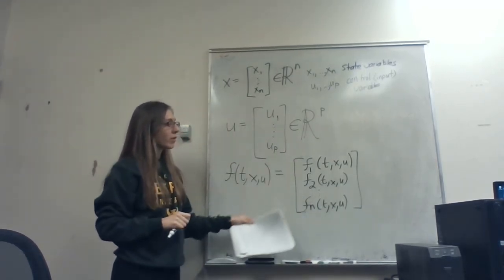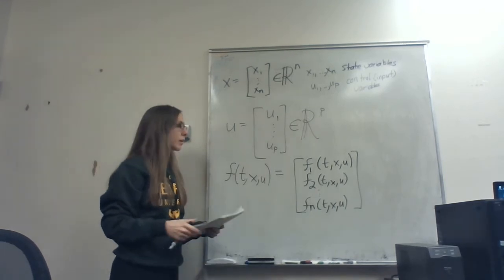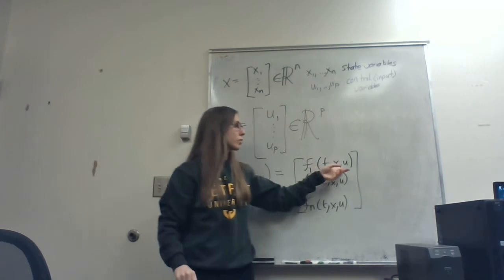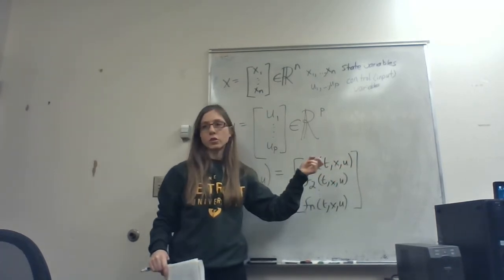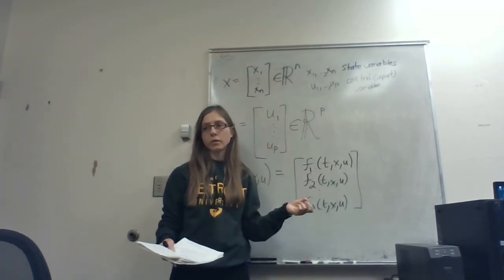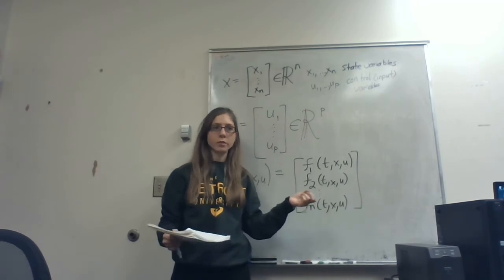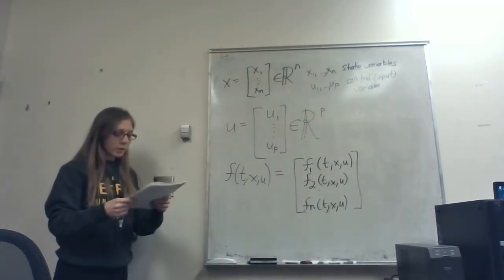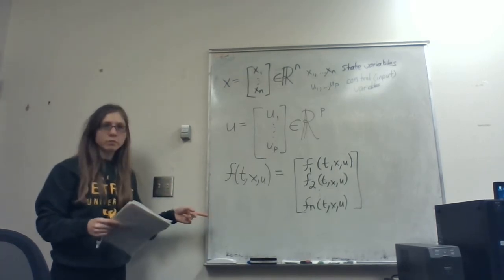It doesn't have to be a function of every single one of them. For example, this could just be x1 squared plus x2 squared. We can still use this notation in general because you could imagine that as being 0 times t plus x1 squared plus x2 squared plus 0 times u1 plus 0 times u2. Any questions on that notation?